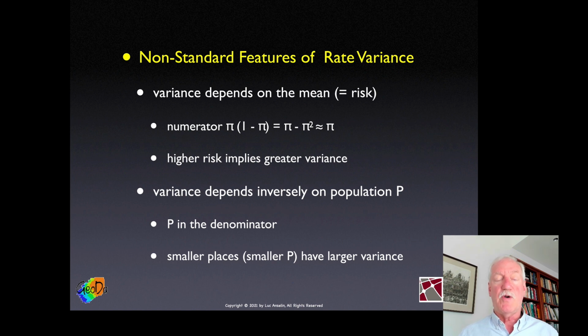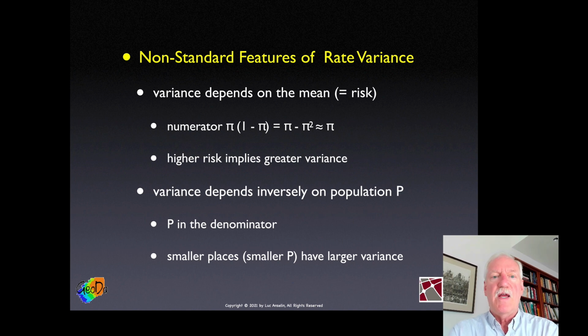But by the same token, if p is very small, your variance will be much larger. And so the variance instability really means, the bottom line of it is, that small areas have very unreliable estimates of risk.